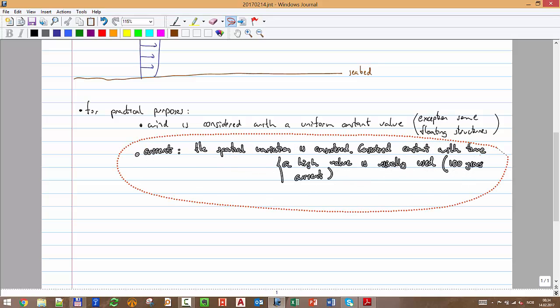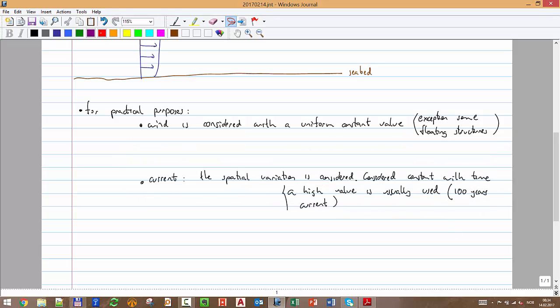It changes in the range of hours, so it's very slow changing, while wind values usually vary with the minutes. So you have an idea how fluctuating these loads are. But current is relatively stable, changes within hours, within days, but wind is more variable.